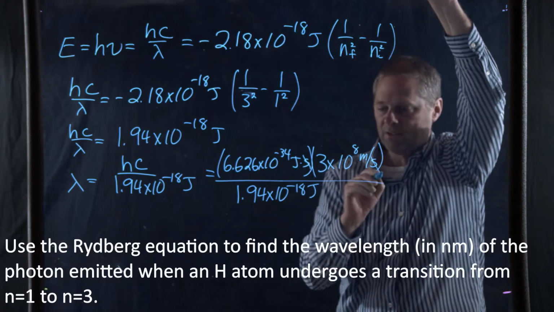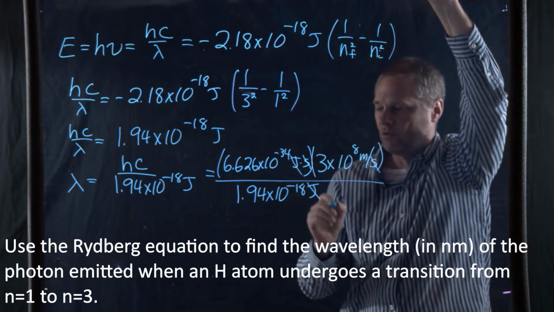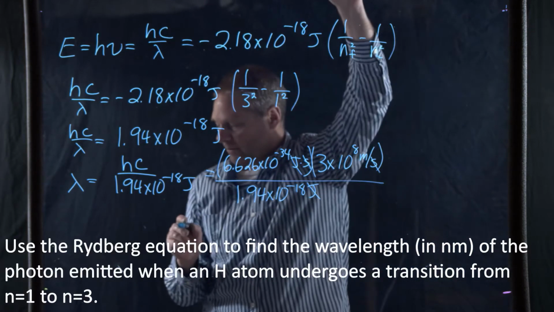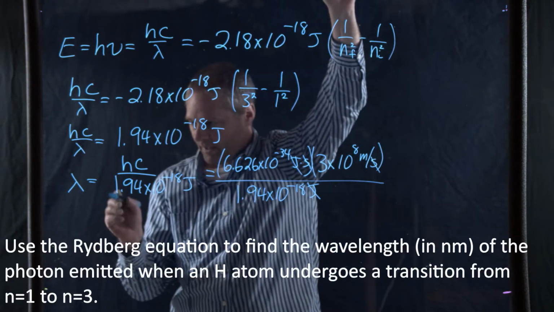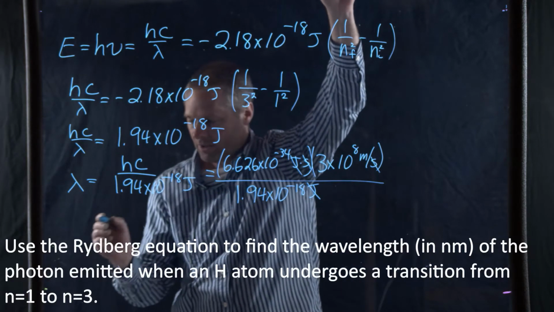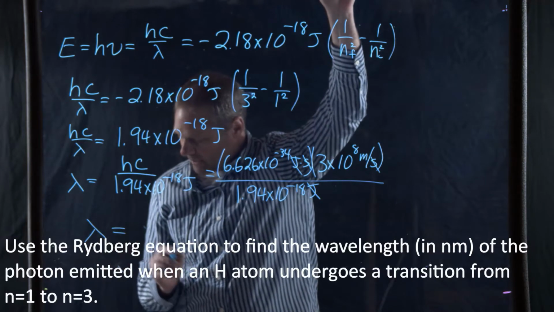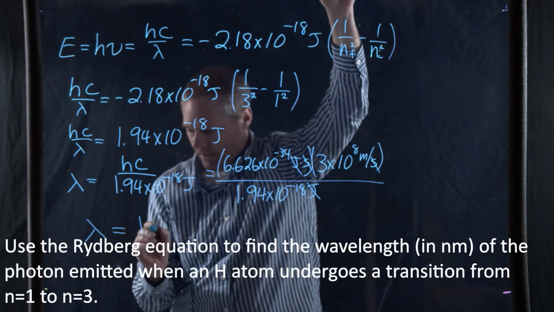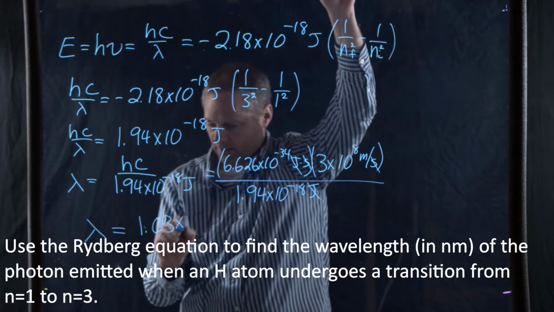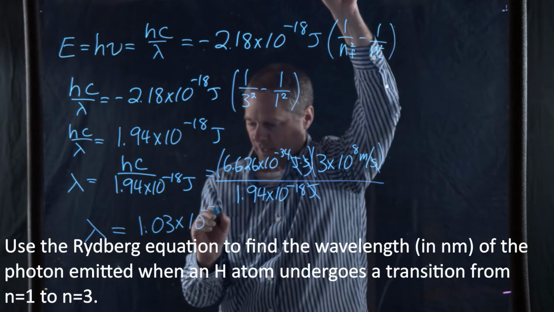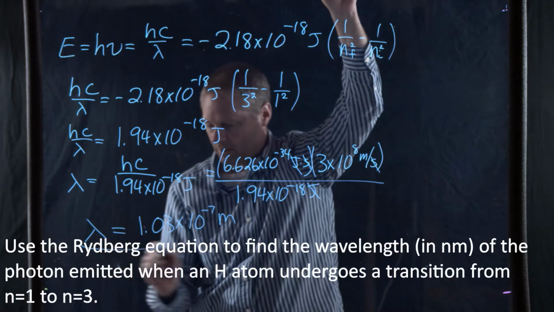The seconds cancel, joules cancel, and what we're left with is units of meters. We do the arithmetic, and our lambda is equal to 1.03 times 10 to the negative 7th meters.